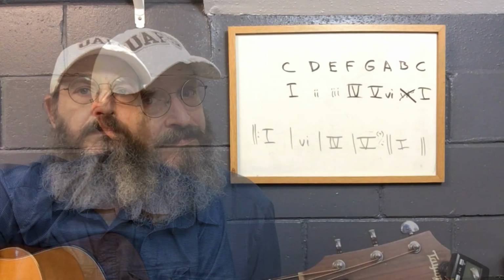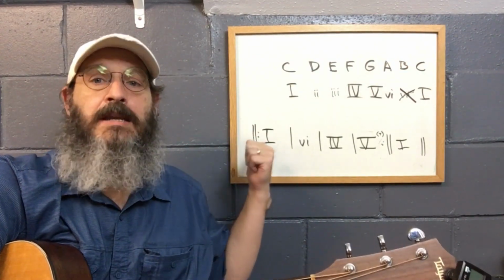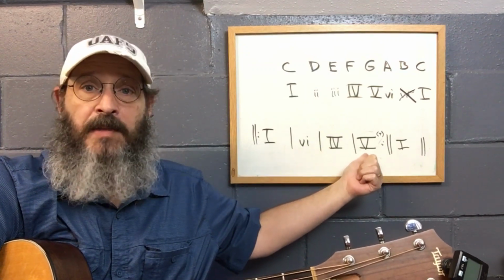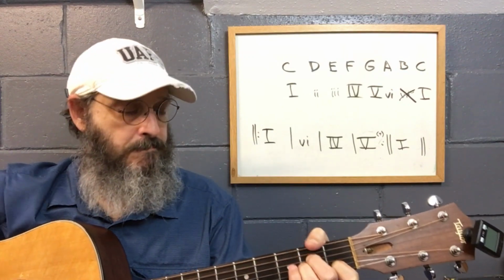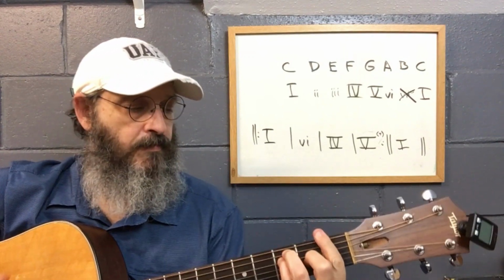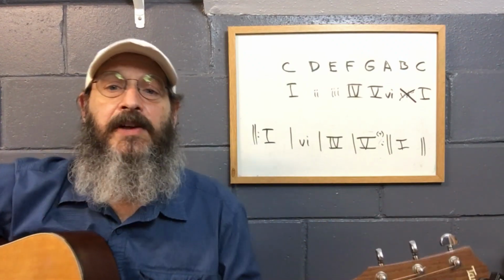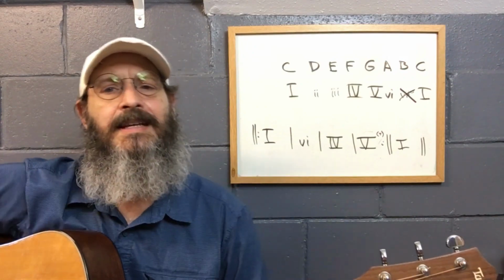the primaries. Okay, so this is a very common chord sequence. The 1, minor 6, major 4, major or dominant 5 to the 1. Now, if this sounds familiar, it's because it's been a staple of rock music, especially doo-wop, for about 60 years.